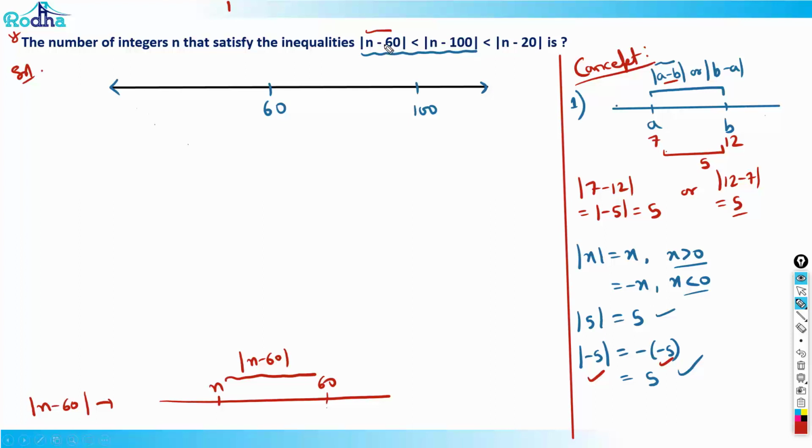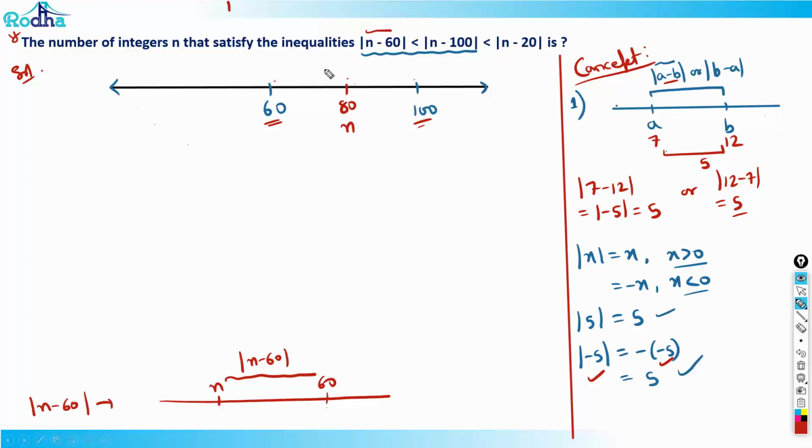Normally, how do we think in this question? We think by the average of these two. Why average? Because 60 and 100 have an average of 80. If n is 80, the distance between n and 60 is 20 and the distance between n and 100 is also 20, so both are equal.